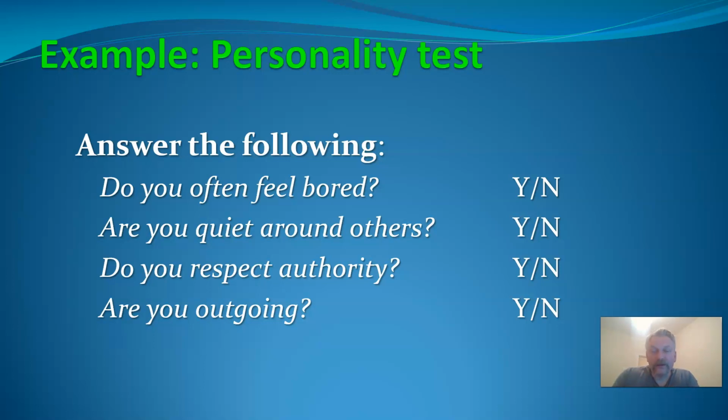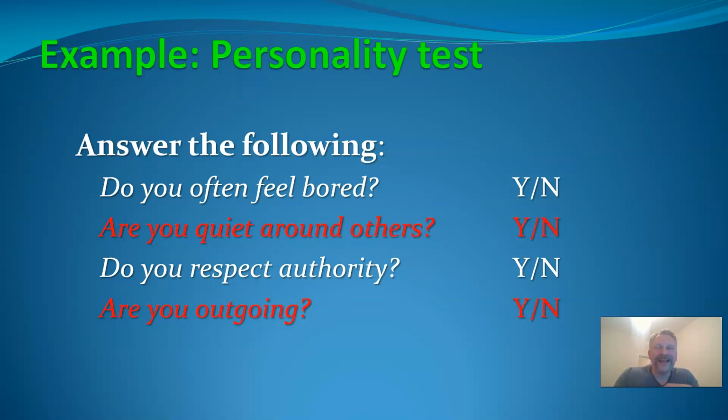Are you quiet around others? Same kind of thing, yes, no. Do you respect authority? Are you outgoing? Let's just say, for argument's sake, that this questionnaire is actually measuring extroversion. And what you might notice then is that the second and the fourth questions are really tapping into the same construct. They're just asking it in a different way.